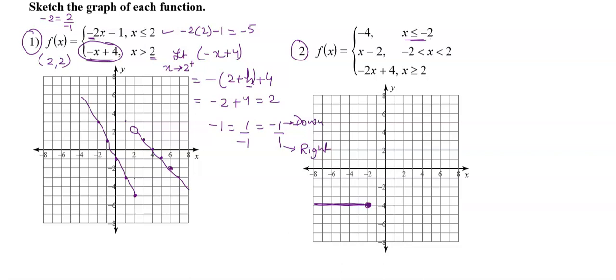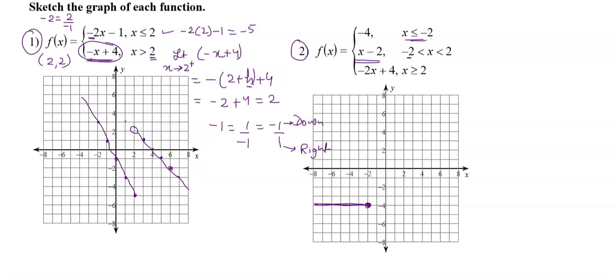Okay. Now we'll do the second function. Just have a look at the second function. It says when x is greater than -2 and less than 2. So basically guys, you will just find the corresponding y value by putting -2 into the function.